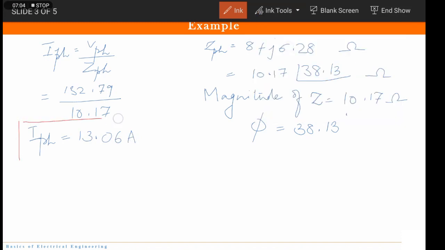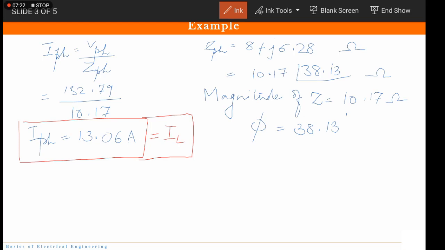Fine. So this is the phase current. But in star connection, this is the same as line current. So I found out the line current also.